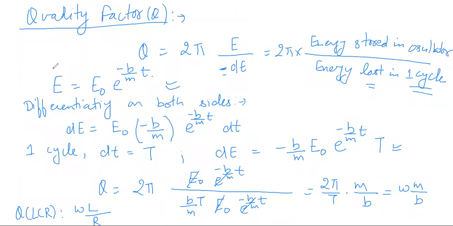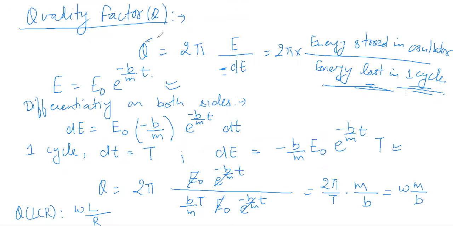Yes ma'am. Quality factor gives you information about how close your damped oscillation is to an undamped oscillation. It gives information about the damping coefficient, because you have in the denominator the energy lost in one cycle. If your system is close to an undamped oscillator, your energy loss in one cycle will be very small and your quality factor would be very large. Whereas on the other hand, if you have a system in which your dissipative forces are such that your energy loss in one cycle is very large, in that case your quality factor would be small.